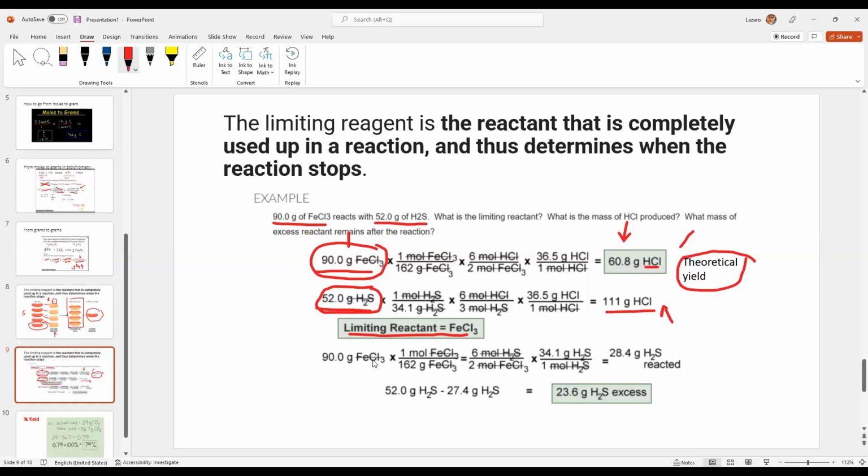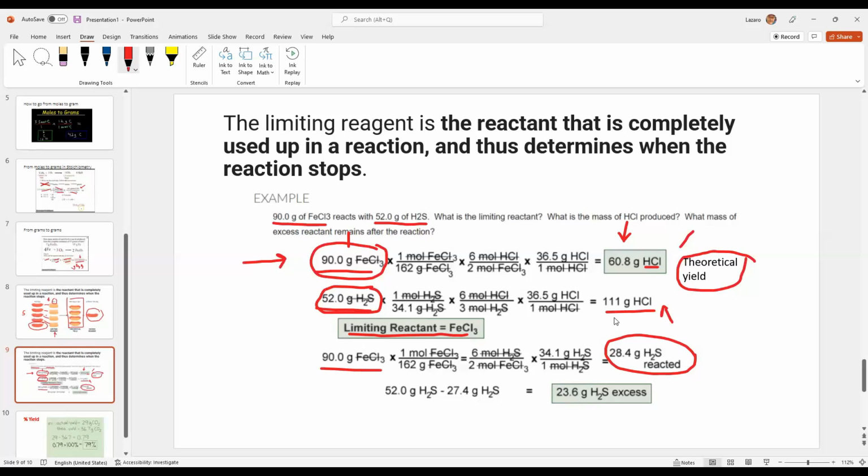Well, let's see in this case, you can calculate the excess of the hydrogen sulfide. How? Well, you begin by the substance that is the limiting, and you calculate how many grams will react with this amount of iron 3 chloride.